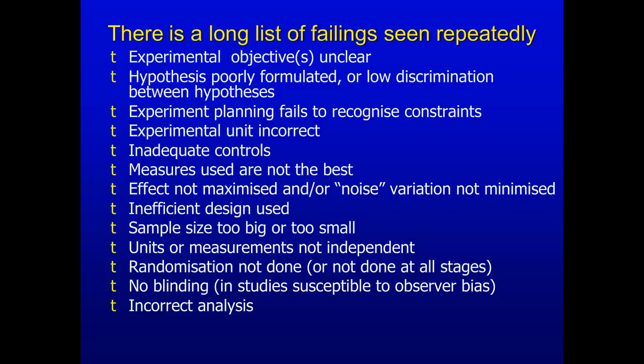There's also quite a bit of incorrect analysis. Again, there's a number of published studies which have looked at the analysis and indicated that many of them are incorrect for the type of data they were getting. And finally, there is an element of incorrect reporting and presentation. Of course, not every experiment or experimental group has all of these. It's just these are relatively common as you go around looking at different experimental designs.